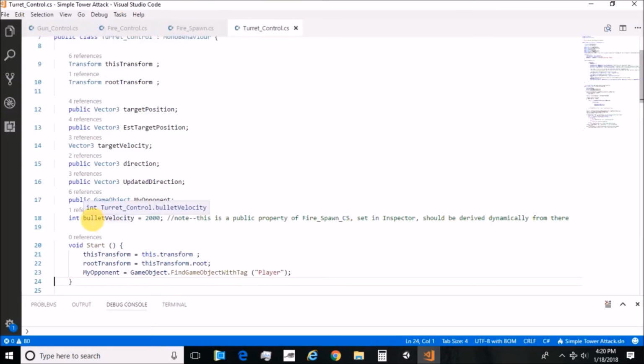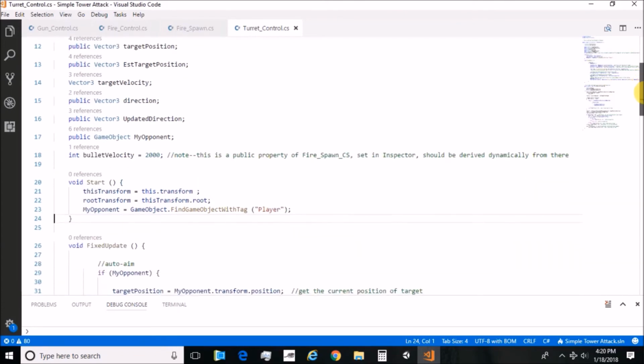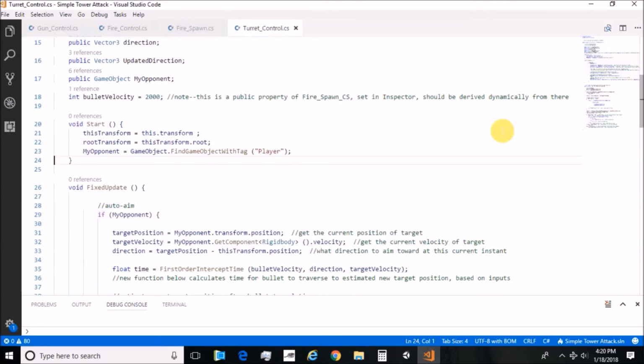So the last one here is bullet velocity, 2000. This represents meters per second. Meters are the sort of standard unit of measure in Unity if you don't set it as something else, and I've kept it at meters. And 2,000 meters a second is a reasonable velocity for Second World War anti-aircraft.